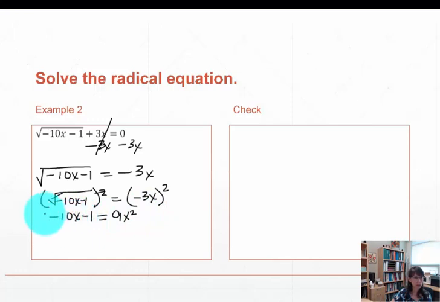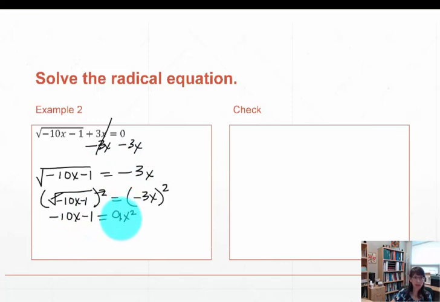So do you notice how this time we ended up with a term that is quadratic? So it's not going to be really quick and linear to solve for x. We have to do some factoring. So that means I need to collect all of my terms on one side of the equation and set it equal to 0.